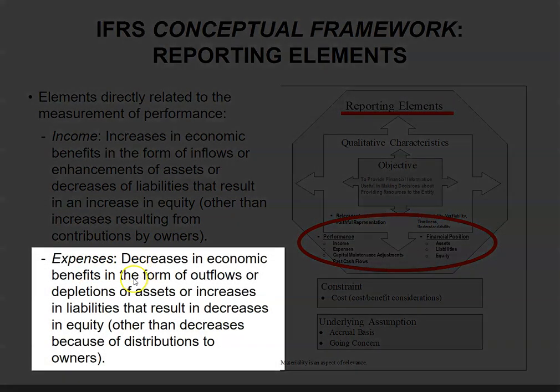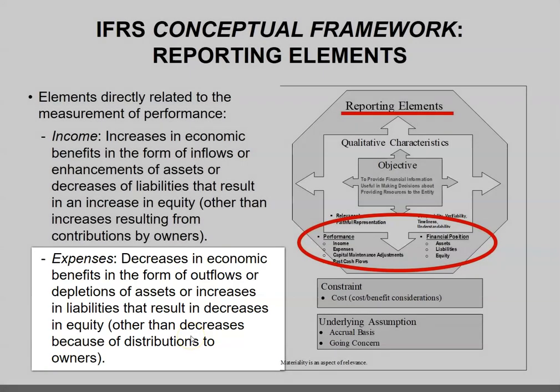Expenses, on the other hand, represent decreases in economic benefits in the form of outflows or depletion of assets or increases in liabilities that result in decreasing equity. However, again, it does not include transactions with owners such as buying back of shares or payment of dividends.